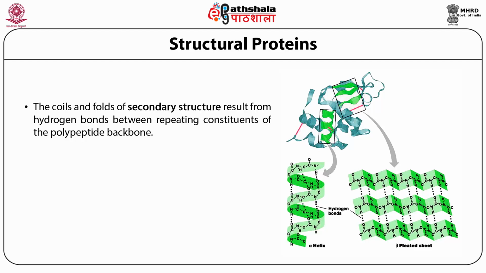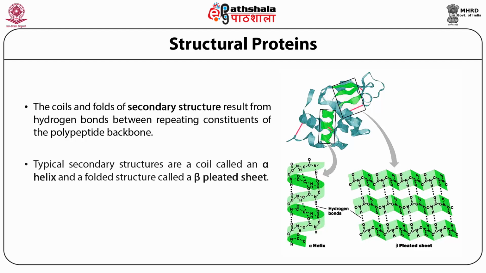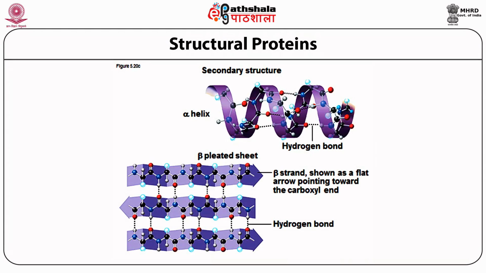Why does the secondary structure arise in a protein molecule? Because of hydrogen bonding. Typical secondary structures are a coil called an alpha helix and a folded structure called beta pleated sheets. There are two forms of secondary structure in proteins.